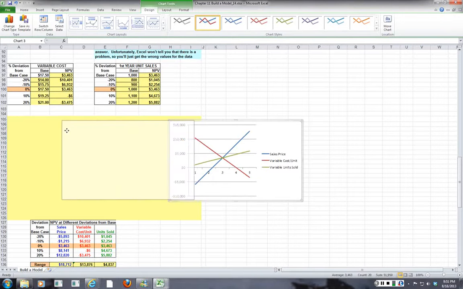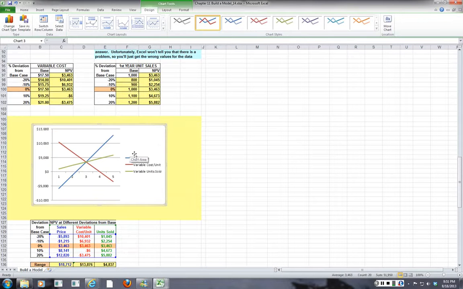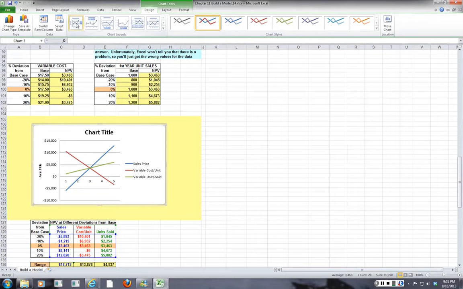So let me just take this and pull this over here. And what we want to do is click on this one now so that we can put in a chart, and I'm going to call it a sensitivity analysis, and that prints out here, and I want to have this one be net present value, and there you see it at the side.